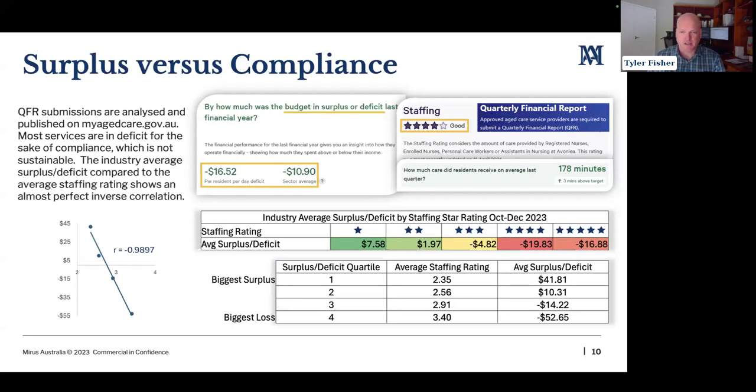That's based on the fact that the average performance for a minimally compliant service, so that 3-star rating, is a deficit of almost $5. And as you can see, that only worsens as staff ratios increase. So you see in the 4 and 5-star averages, the deficit is much higher.